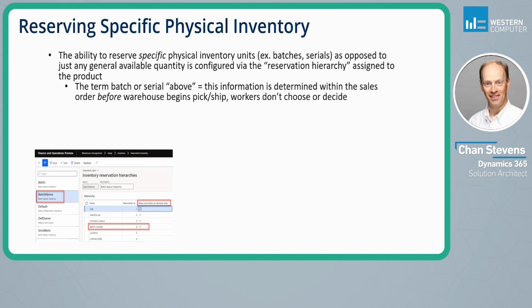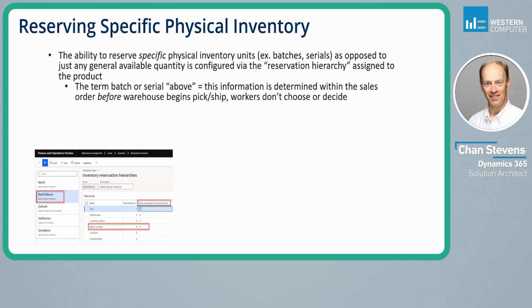And what we mean by above, if you look at the hierarchy details on the right, is above the location dimension. Location dimension is where the warehouse takes control. Above that location dimension, we in the sales order line and customer service are allowed to control and influence the selection of site, warehouse, things like that.